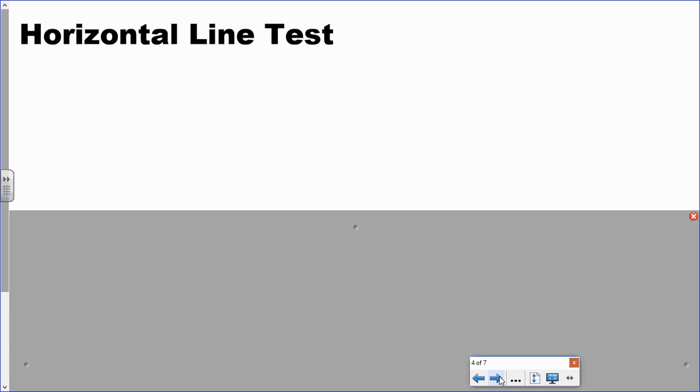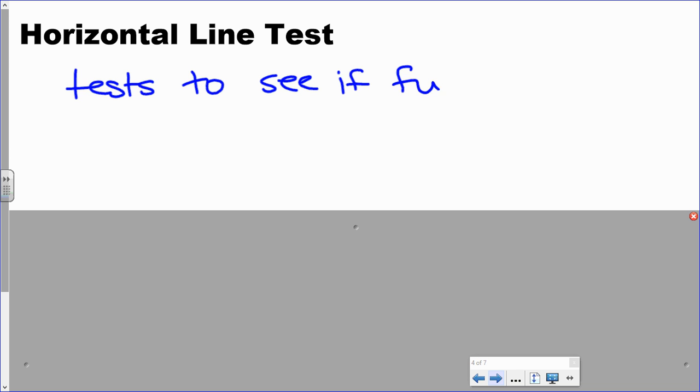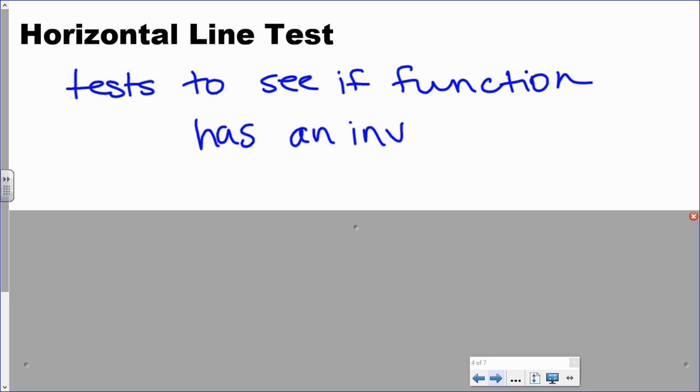Does our function have an inverse? If a function does not pass the horizontal line test, then it will not have an inverse.